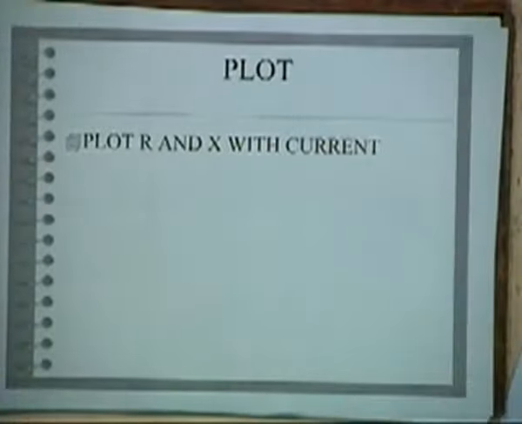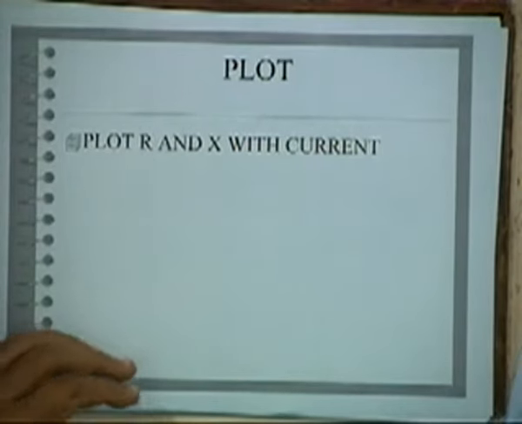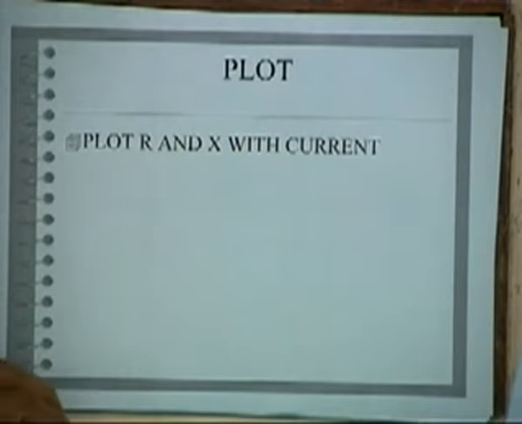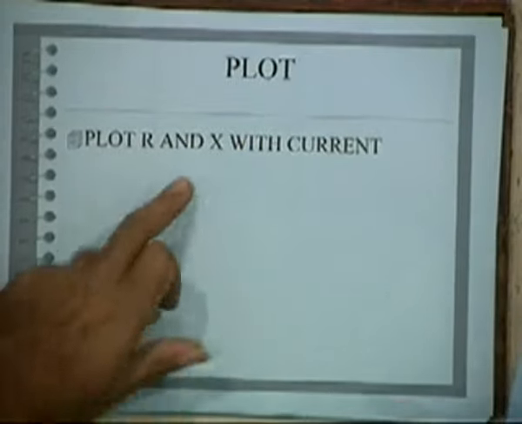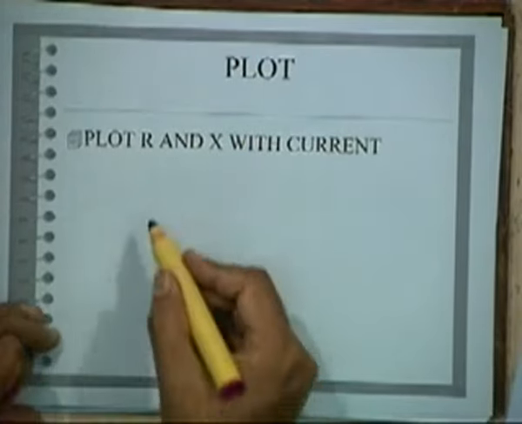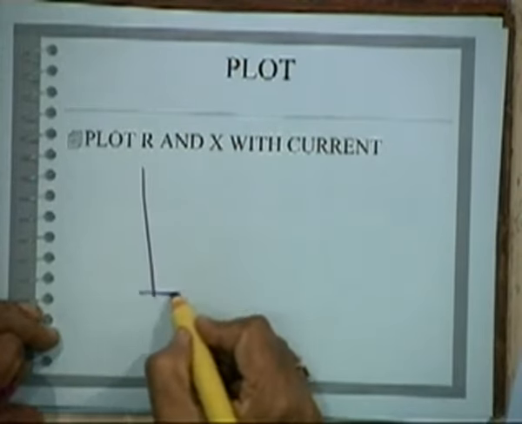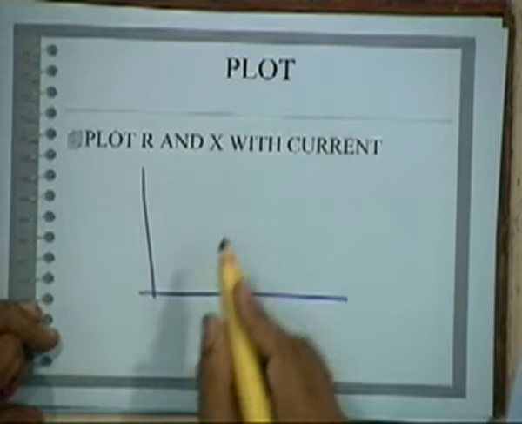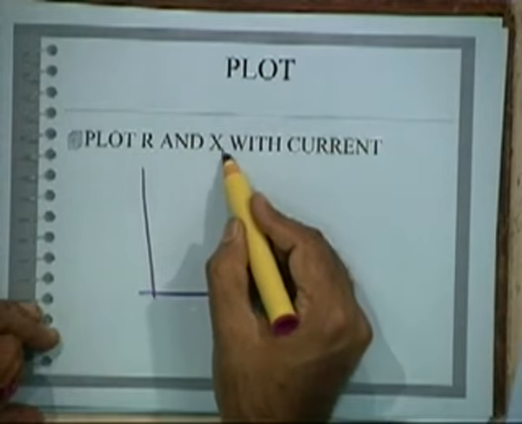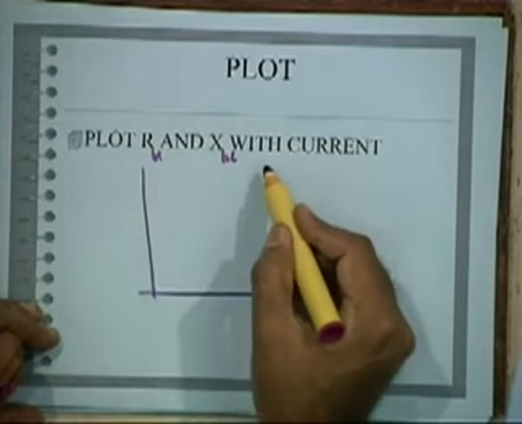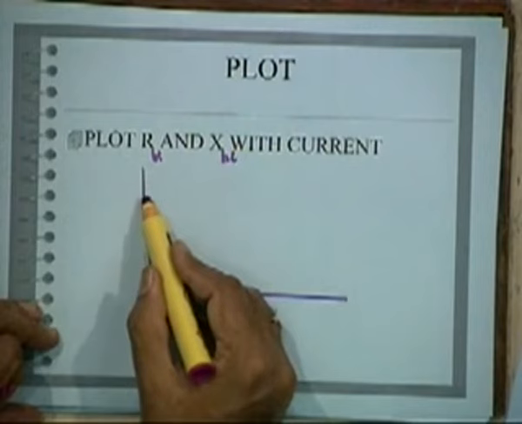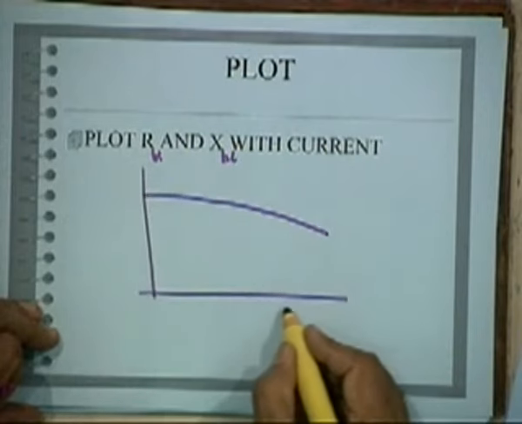Lastly you have to plot the results. What results will you plot? You will plot R and X with current. Now X is X blocked rotor and R blocked rotor. X blocked rotor will generally be expected to droop with current.